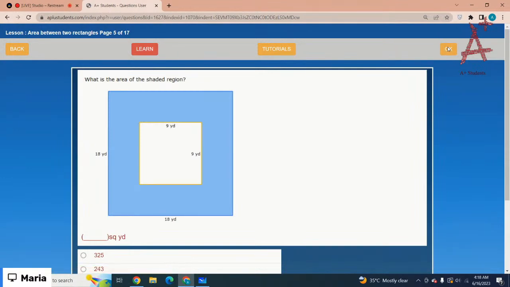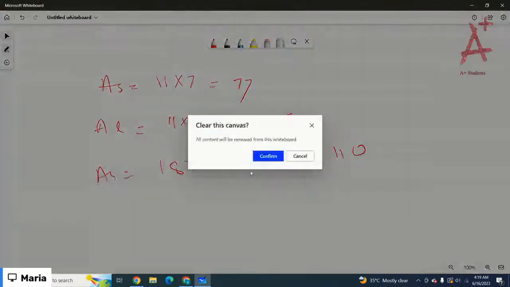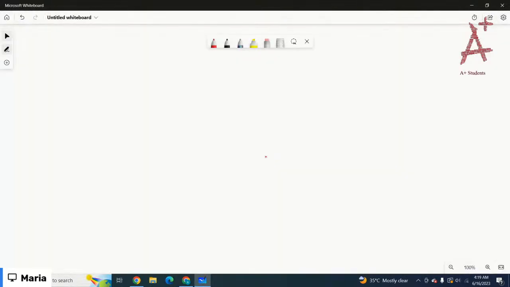Okay, the next one is what is the area of the shaded region? That's the one we did in the tutorial. So the area of the smaller inner square is 9 times 9, that would be 81.